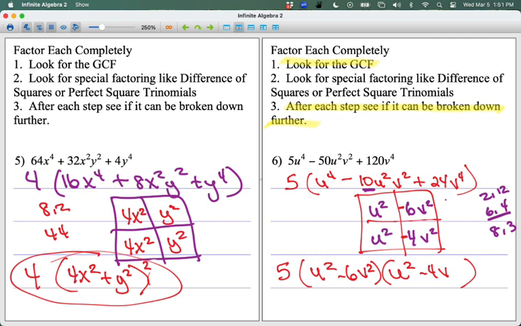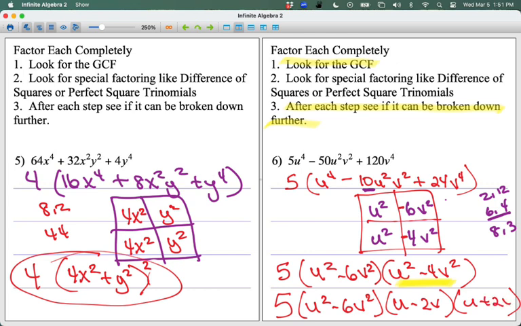And I want you to notice that this is a difference of squares. If I would have written that, that's a difference of squares. So I am going to rewrite the 5 and the u squared minus 6v squared. But this yellow section, I'm going to break up because it's a difference of squares, and it can be factored into u minus 2v and u plus 2v.